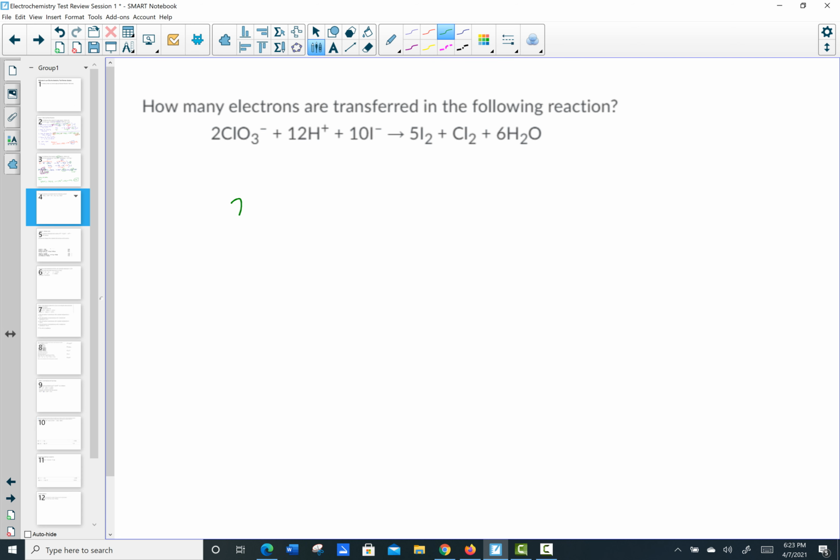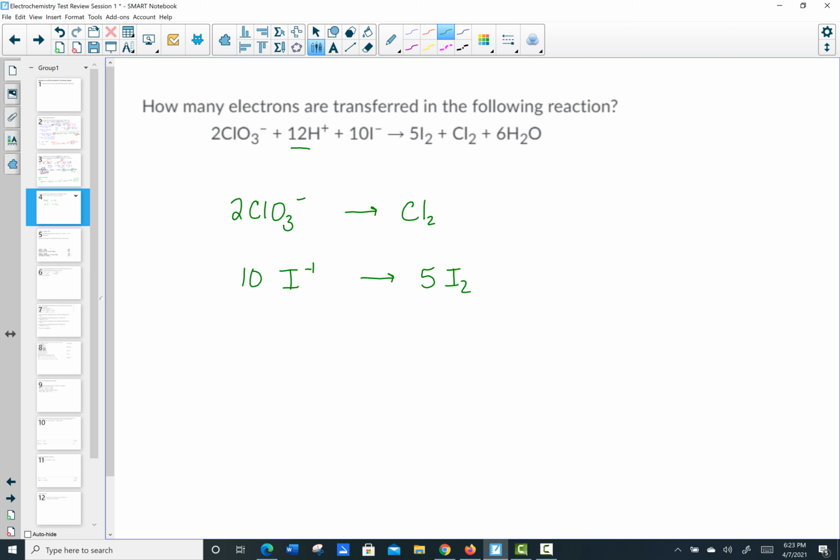So here we have 2 ClO3 negative. That's called the chlorate polyatomic ion. And I'm going to point at the chlorine molecule. There's the first half reaction. The 10 iodide ions will point at the 5 molecular iodines, I2.